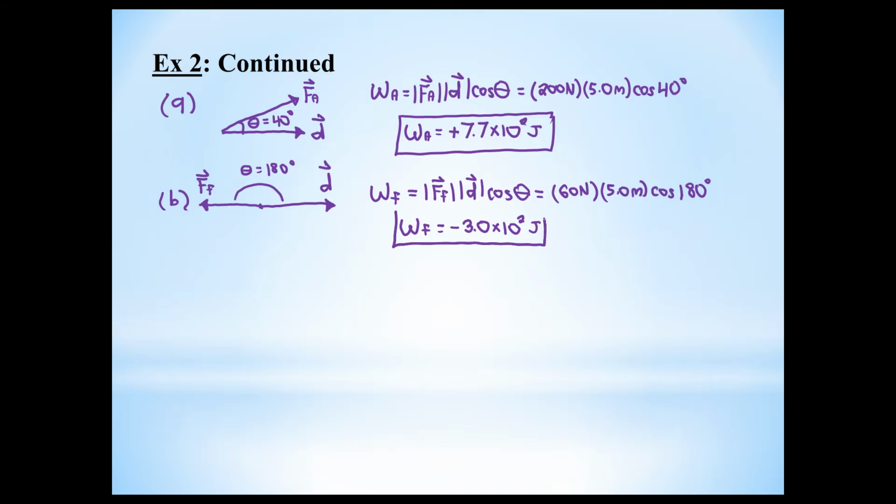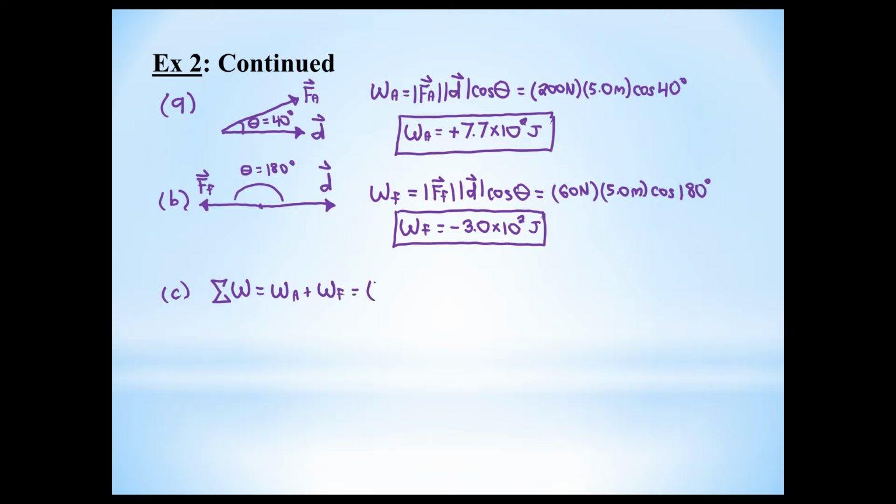Once again, the positive work means the applied force is putting energy into the object. The negative work means that the friction is causing the object to lose energy. And then part C, to calculate the net work done on the object, we're just going to add these two work quantities together. So sigma W would be equal to the work done by the applied force plus the work done by friction.